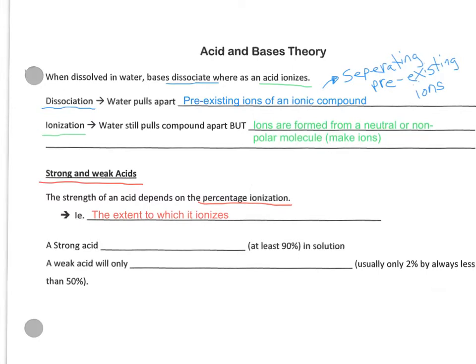We know that a strong acid completely ionizes, and we also know that a weak acid will only partially ionize. A strong acid completely ionizes, or at least 90% in solution, whereas a weak acid only partially ionizes, usually only like 2%, but it's always less than 50%.